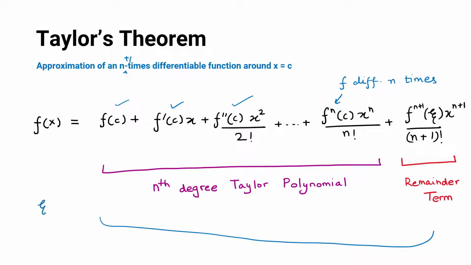And ξ here is just some arbitrary number which lies between c and x, or x and c, as the case might be, whichever is bigger, whichever point we choose to approximate the function value for. Okay, so now that we know the basics of Taylor's theorem, we can move to proving exactly how e is irrational.